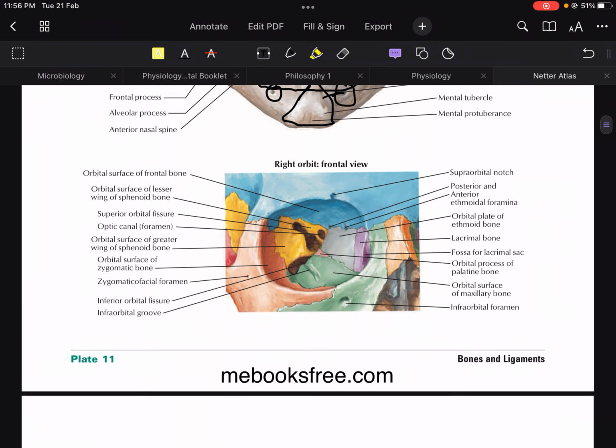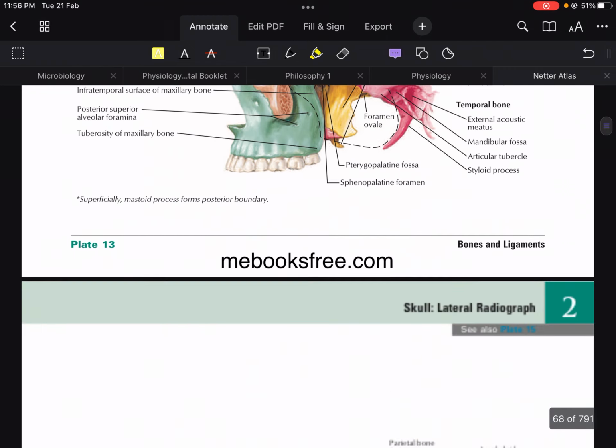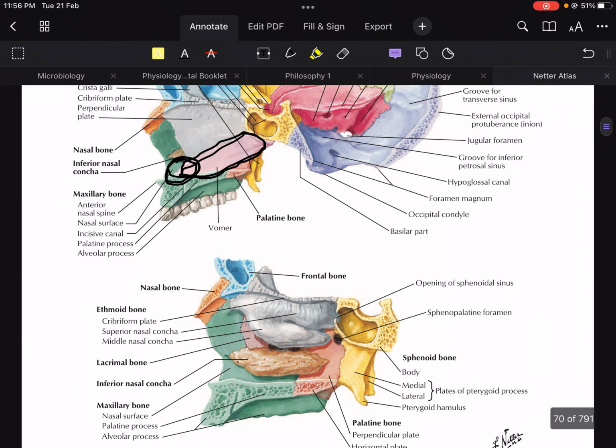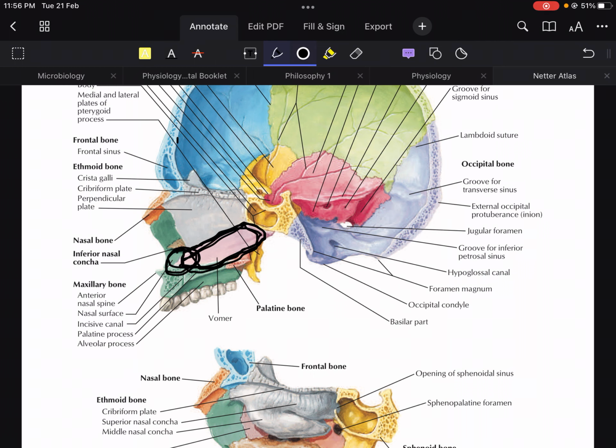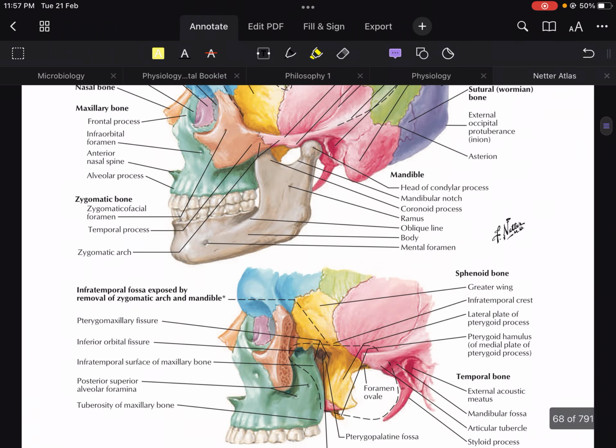Let me show you another picture for this vomer. It's here. This whole pink one is the vomer, and just the beginning part can be visible in the continuation of the nasal septum, and it's important.